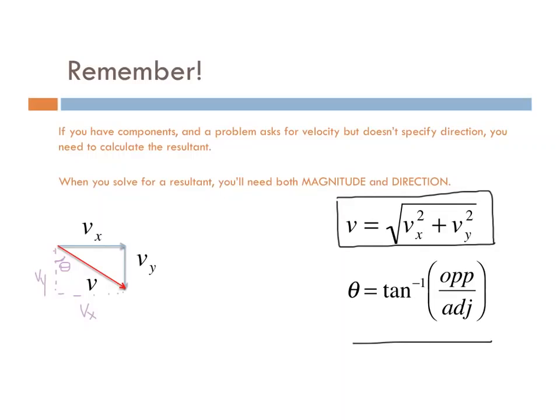Again, when I solve for that angle, let's say it was 45 degrees, that's not actually the angle of my vector, because I know a 45-degree vector would be pointing up and to the right.